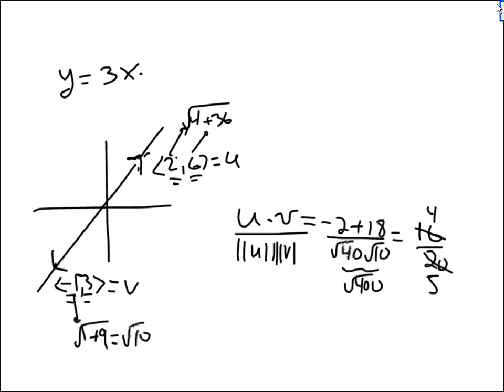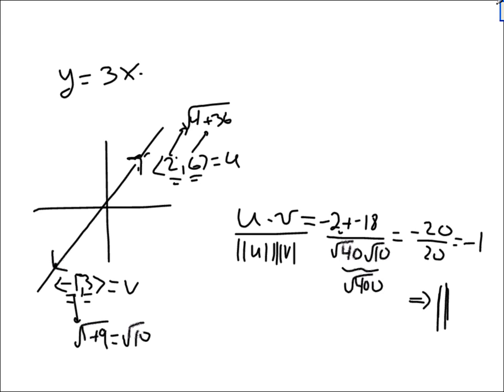Negative 20 over 20 is negative 1, which implies parallel.